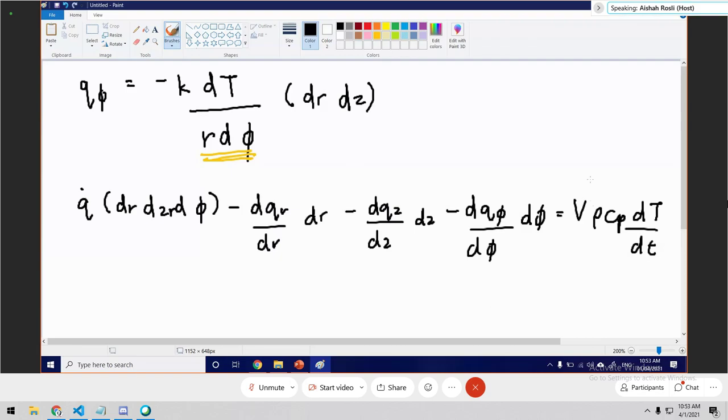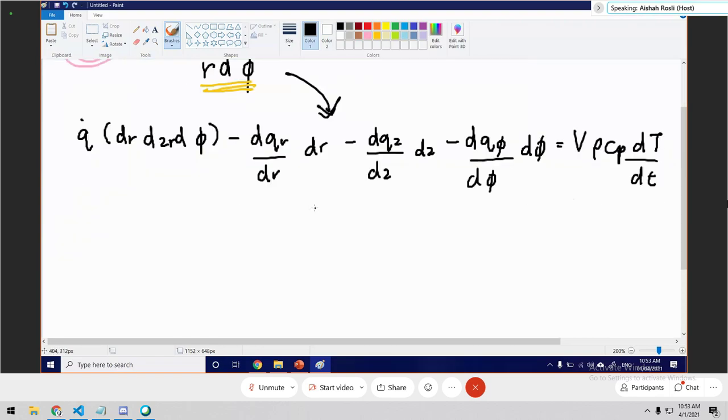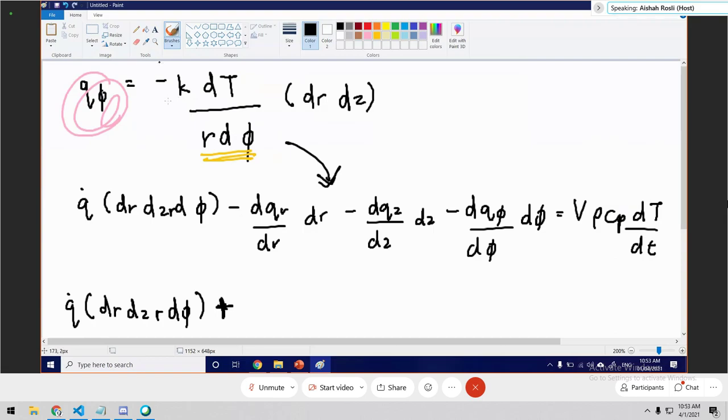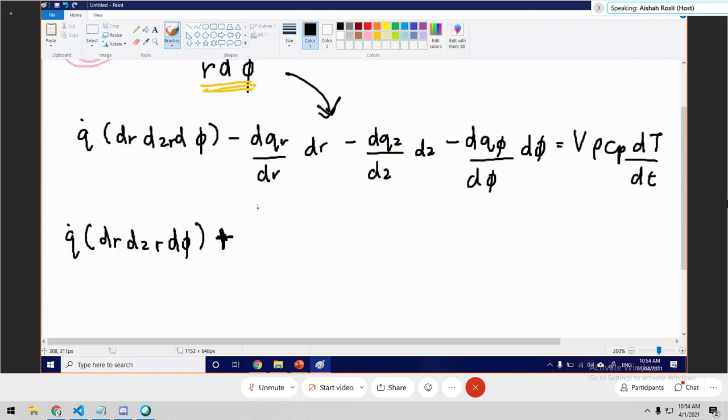Volume is of course dr times dz times r d phi. Okay, so for all this qr, qz and q phi, we substitute this into the equation. So what we will get is Q dr dz r d phi. If we plus, it becomes plus, because here there is a negative, so minus and minus sign gives a positive sign.